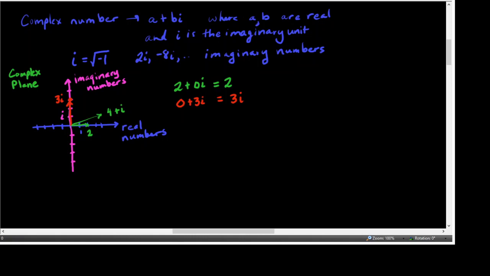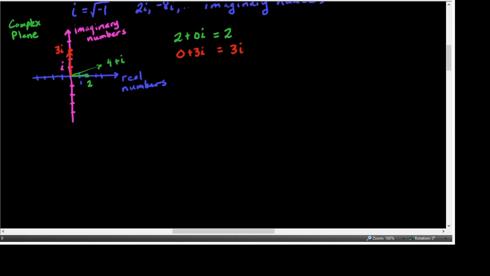So if we think about some arithmetic with complex numbers, for example, if we were to think about, well, what is the sum of 6 minus 2i and negative 4 minus 3i?